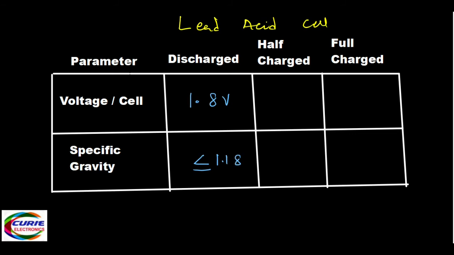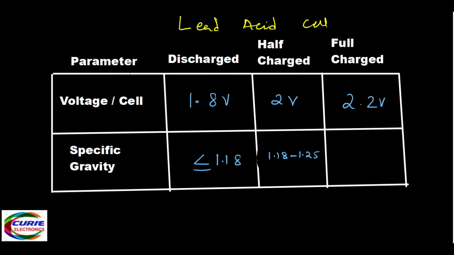Similarly, when the battery gets half charged, the value is going to be 2 to 2.15 volt per cell, and the specific gravity varies from 1.18 to 1.25. When a battery is fully charged, each cell will have 2.2 volt per cell.